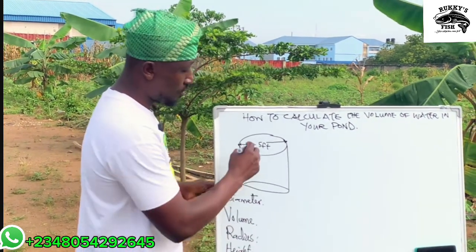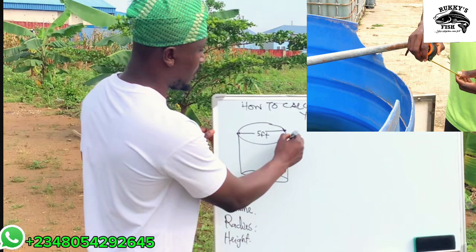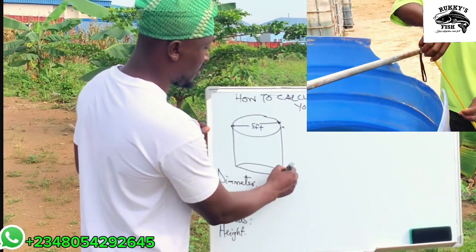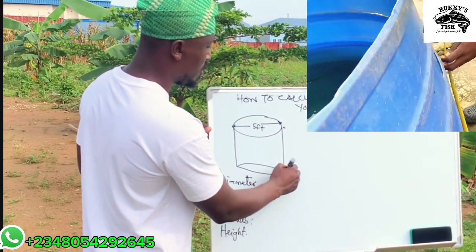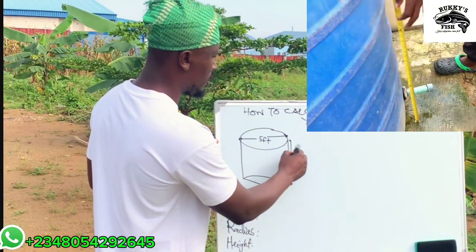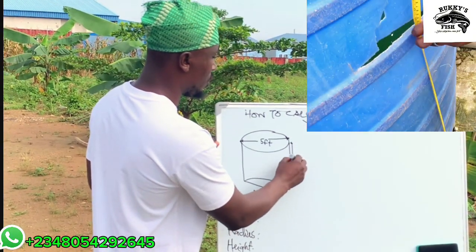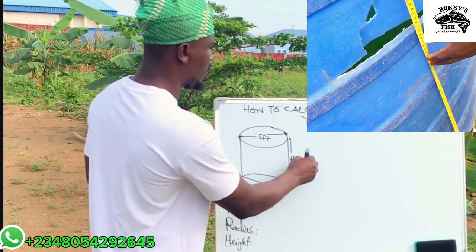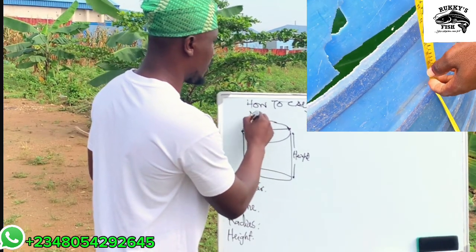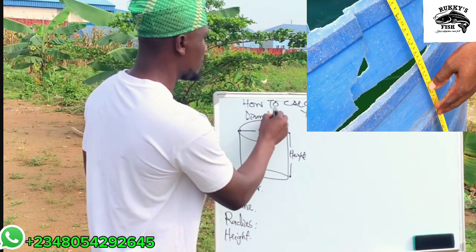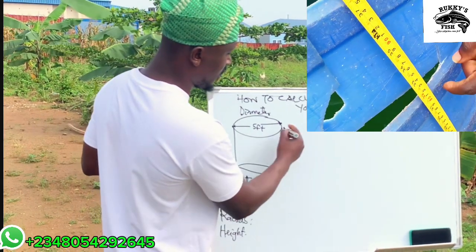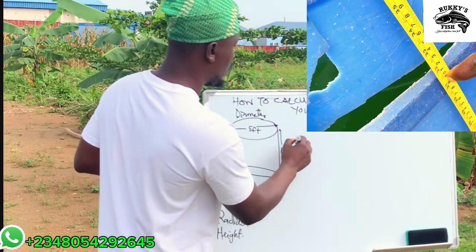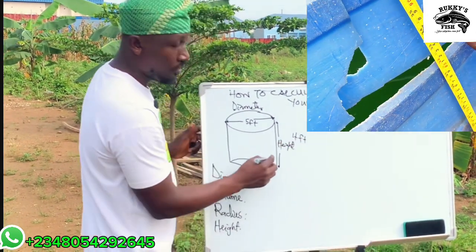The height is from the base here upward this way. And if the height, for example, is 4 feet, what happens?